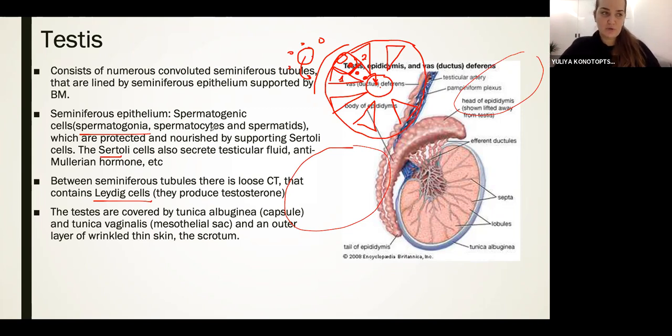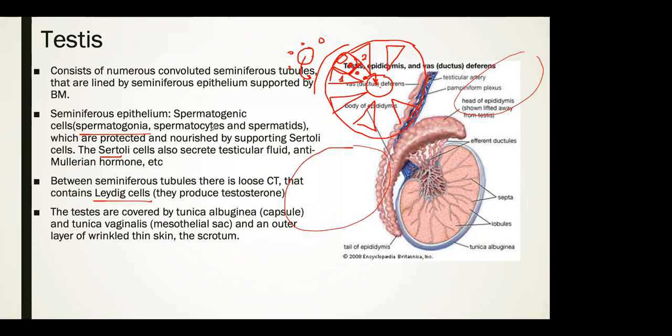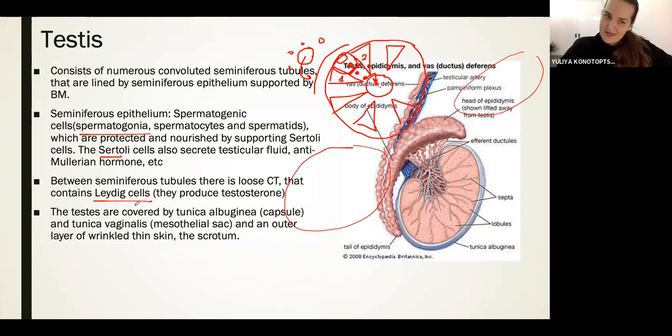So a question for you guys. What is controlling all of this? Basically your testes, what are they controlled by? The Leydig cells? Okay, Leydig cells make testosterone. Who tells Leydig cells to make testosterone?